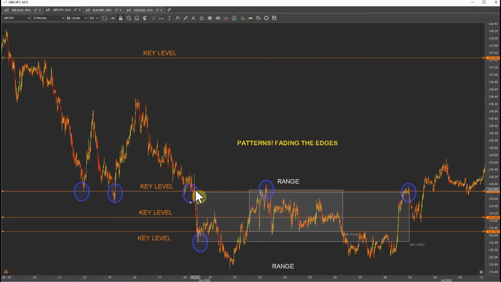You can see structure here. Okay, so now that we've got a range, what we want to do is to fade the edge. First, we need to work out what our bias is, okay? Now, bias is important, right? So we're either going to be bearish on this pair or bullish on that pair for different reasons, okay?